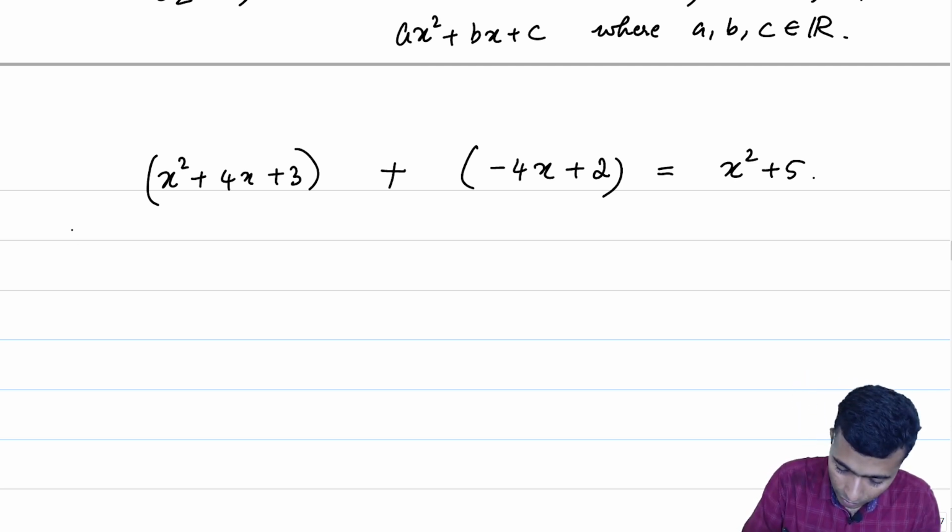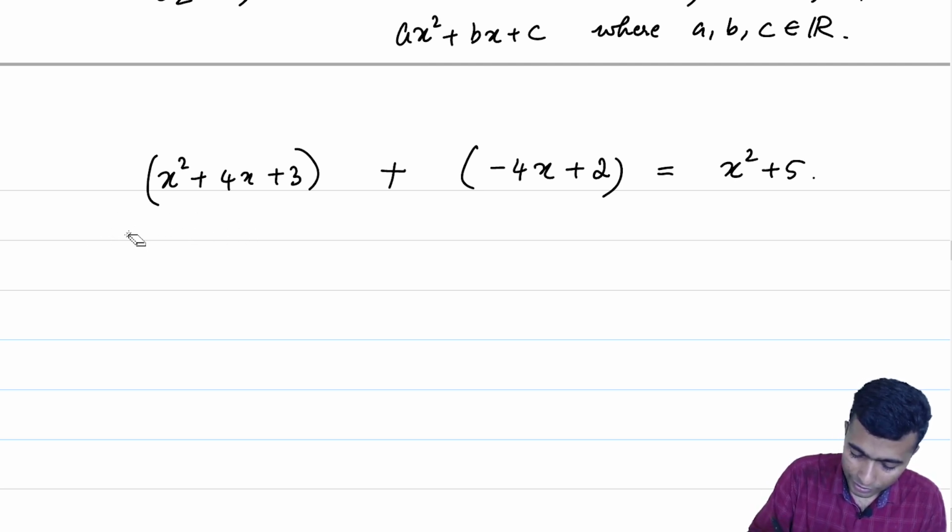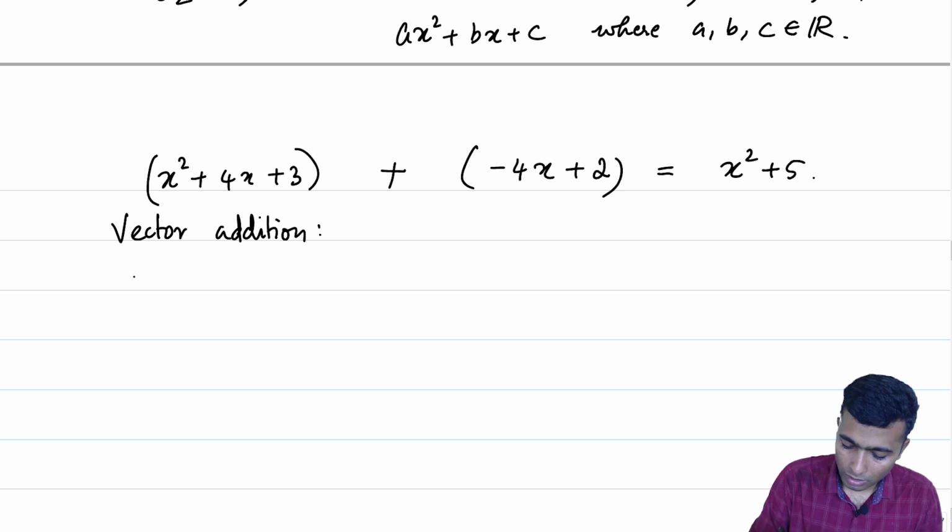So, let me just write the definition of vector addition, maybe I should leave that as an exercise as well. The next one: a0 plus a1x plus up to an x to the power n.